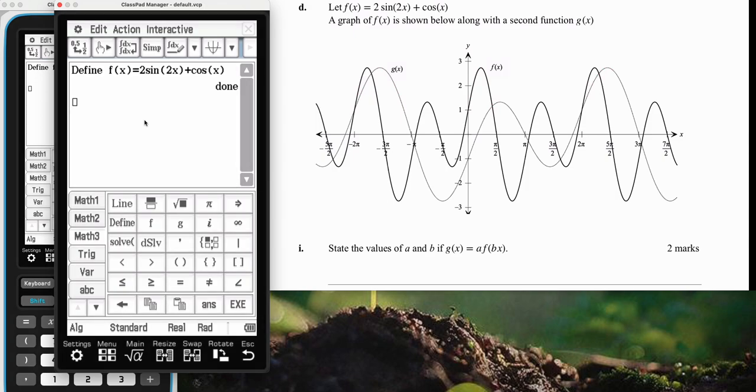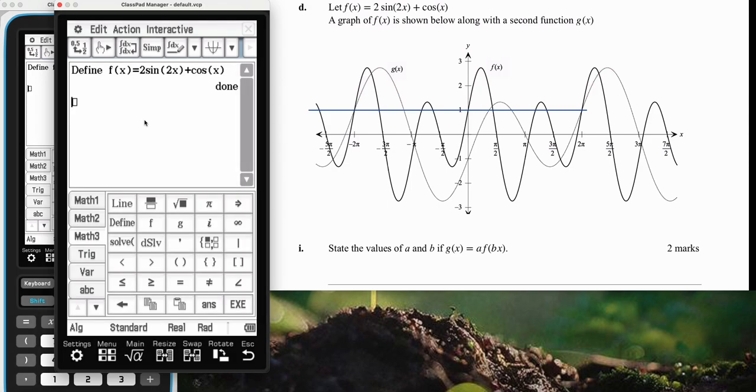I also see that the period is changed a little bit. I'll show you what I mean. If I draw a line across here and choose these 2 points, I can see that my period there is 2 pi.